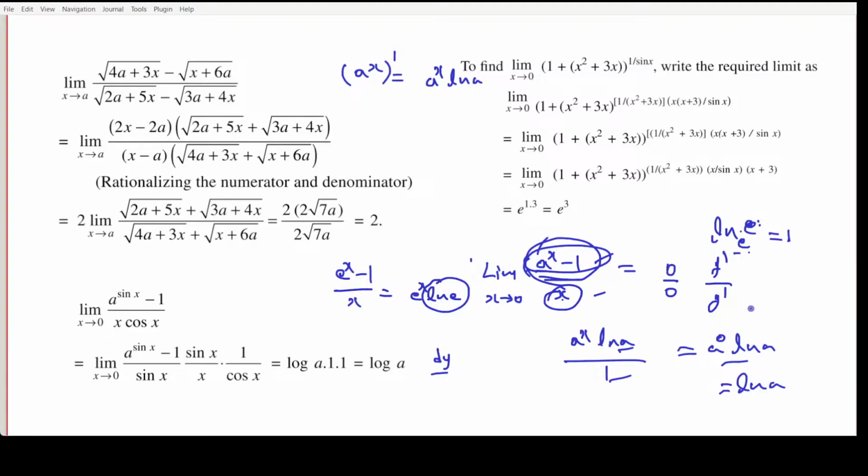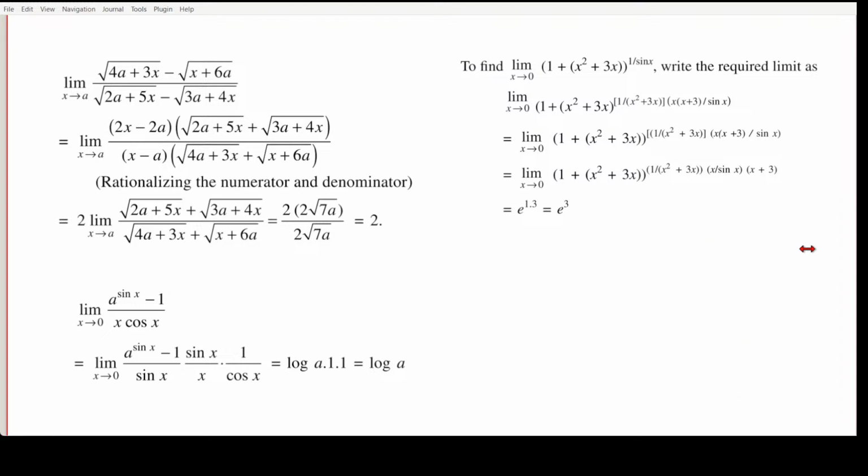Okay, so now we are given this function. What exactly do we do? Because the denominator is clearly 0, 0 into cos x, and the numerator is a power 0 minus 1, that is 1 minus 1, 0 by 0. Agreed?